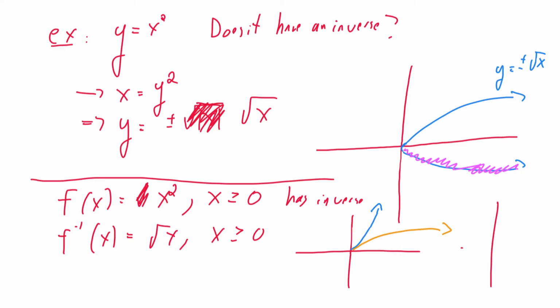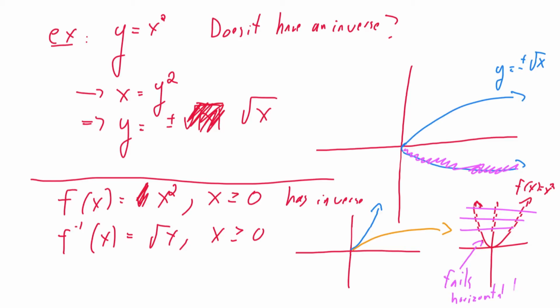Right? So if I plot f of x equals x squared, the horizontal line test is going to be failed unless I restrict the domain. And we see that sort of manifested up here as well.